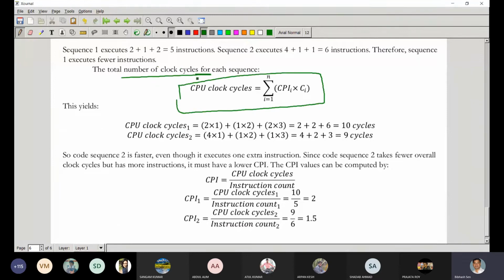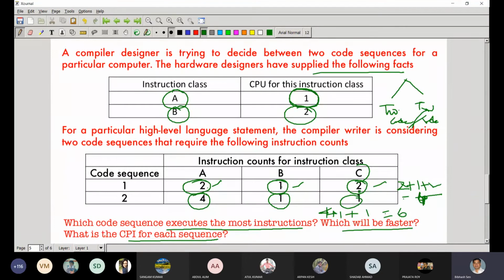I have the total number of clock cycles for each sequence. I have mentioned 1, 2, 3 and 2, 1, 2 as the instruction counts for the code lines: first, second, third.